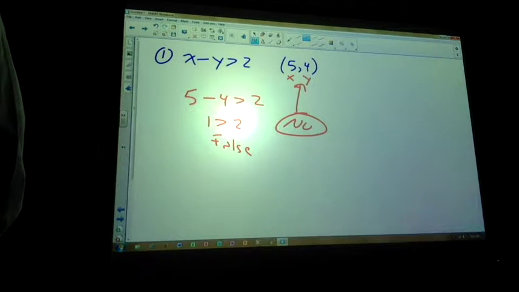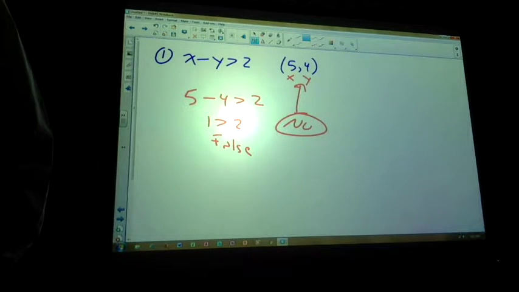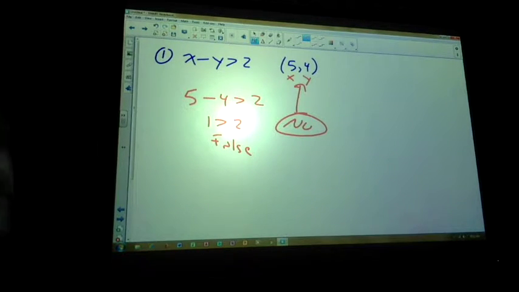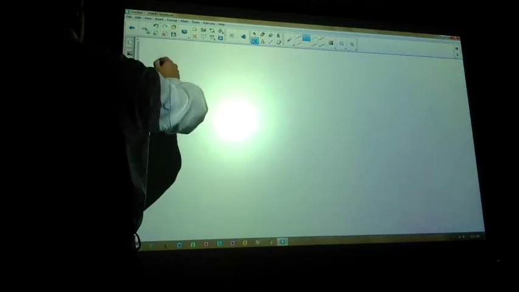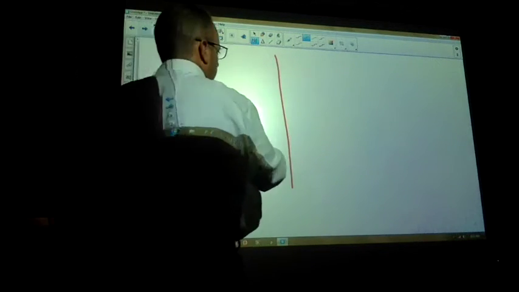So numbers 5 through 10, excuse me. Tell whether the ordered pair is a solution to the inequality whose graph is shown. The hard thing on that one is the shading didn't show up for whatever reason. So I'm just going to kind of draw a rough thing.